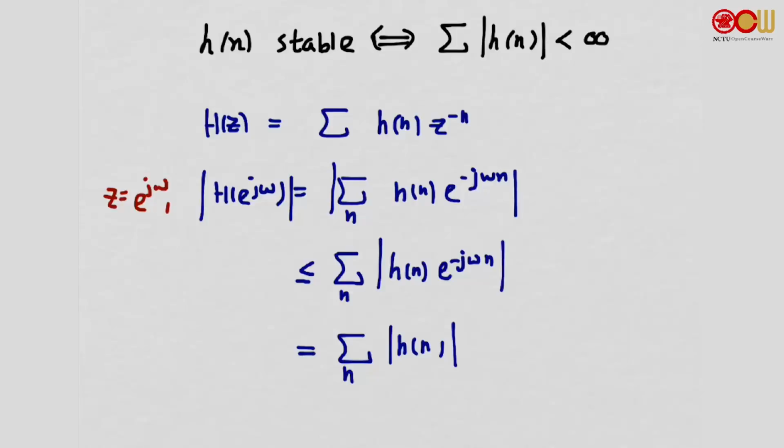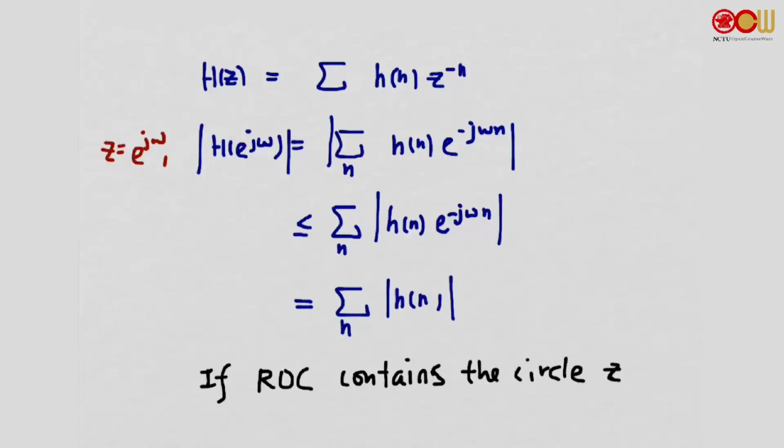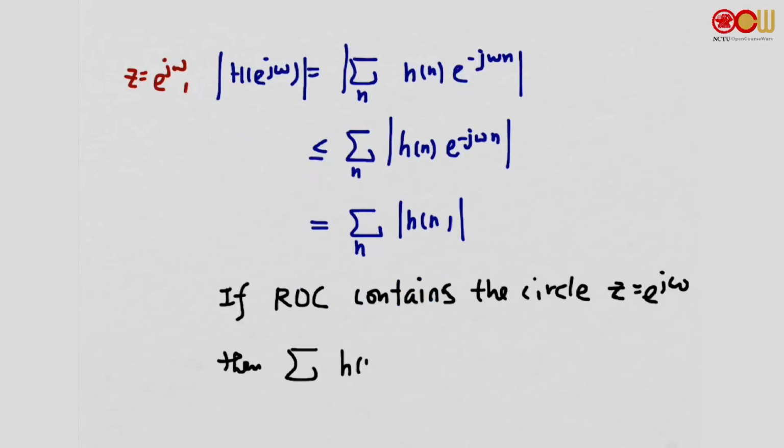If the ROC contains the unit circle, we know this sum converges, and the system is stable.